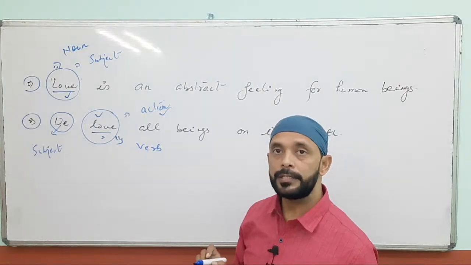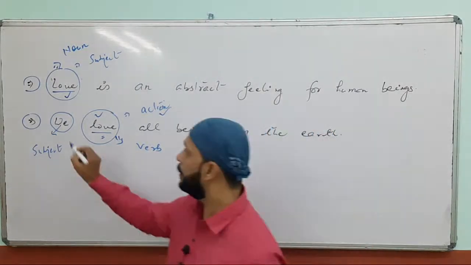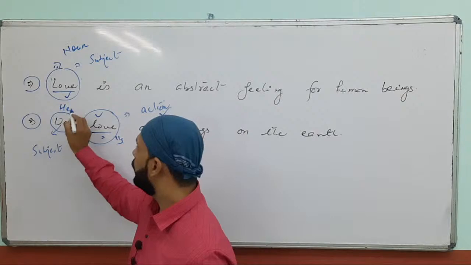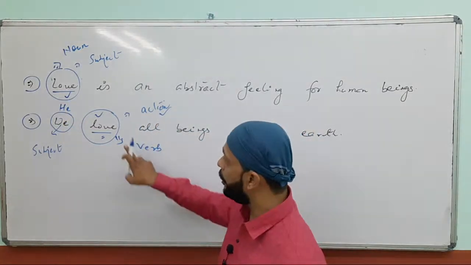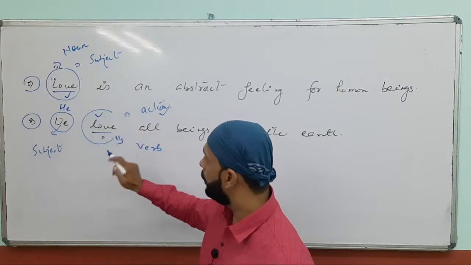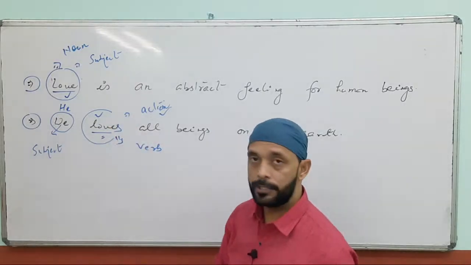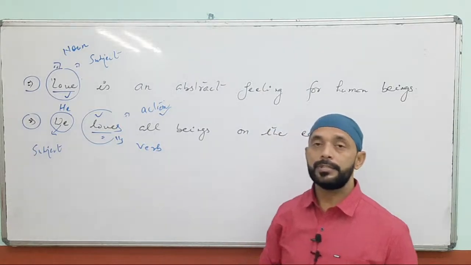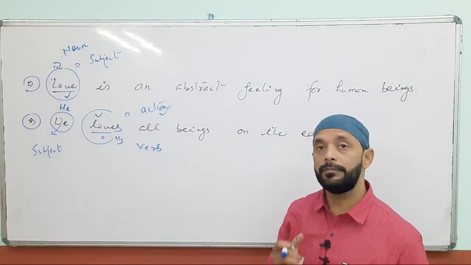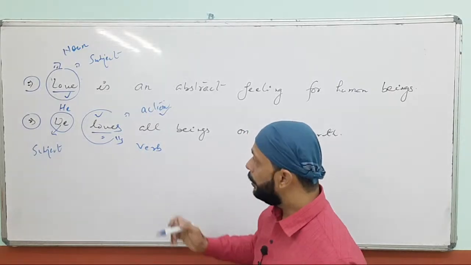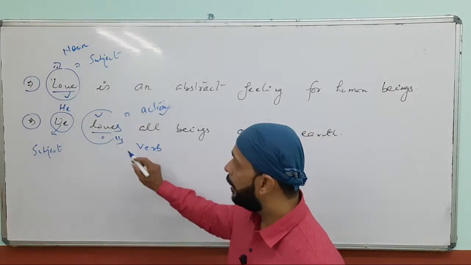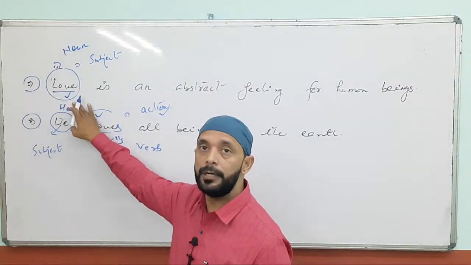Suppose there is he as a subject; according to he, the number of love will change and it will become loves, singular, because the subject controls or governs the number of its verb. So here loves is a verb and here love is a noun.